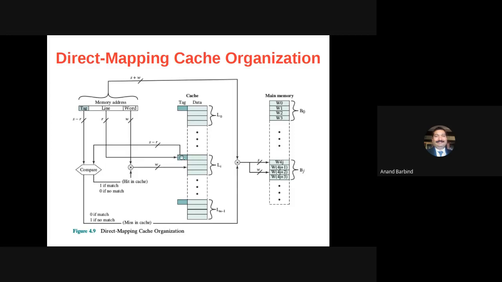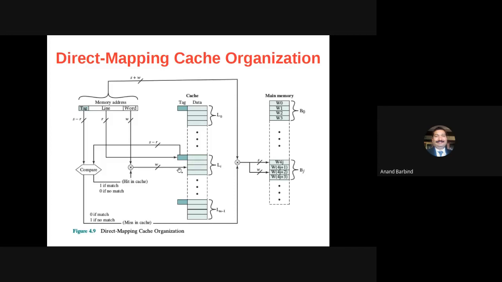If the tag which is stored at this particular line matches the tag of the required block, then it is a hit in the cache. In that case the word address is used, and that particular word is read from the cache directly.